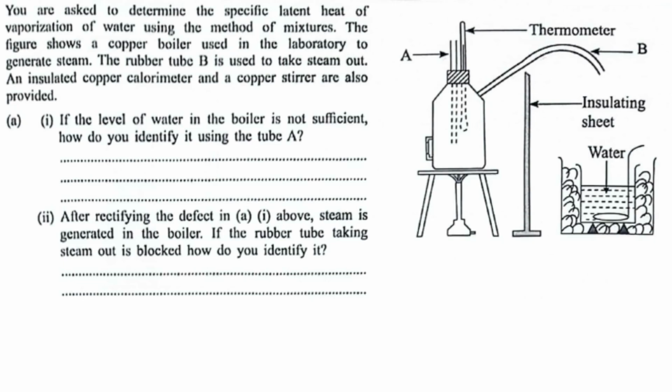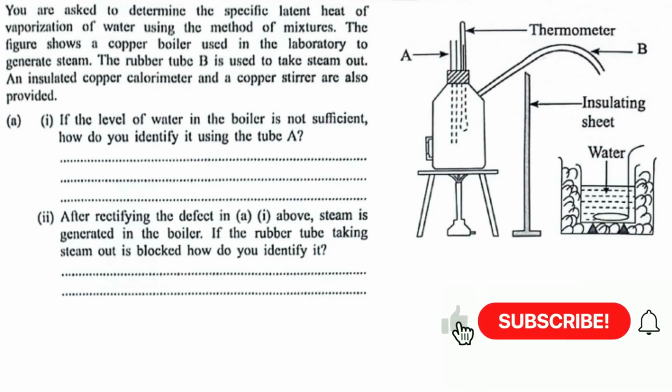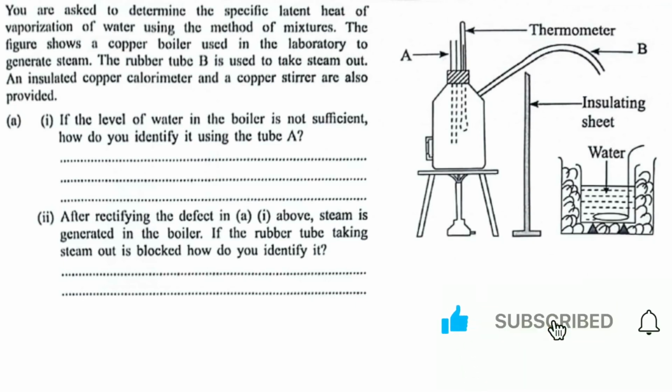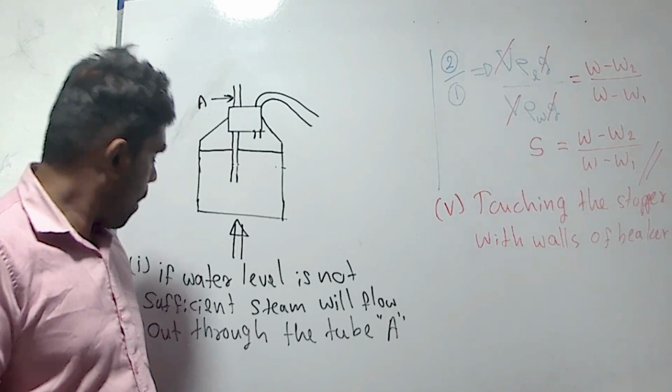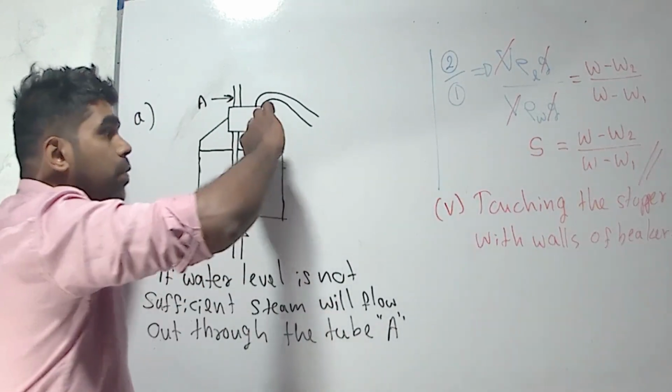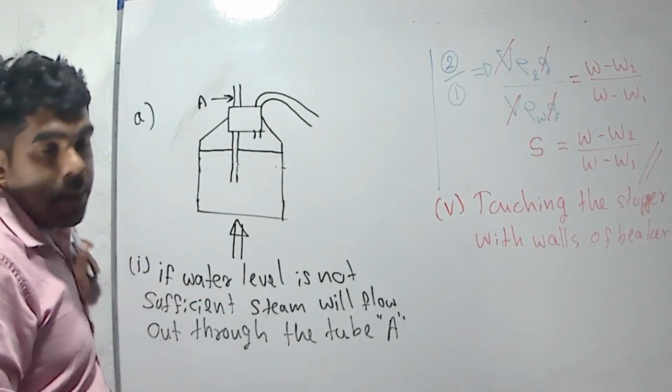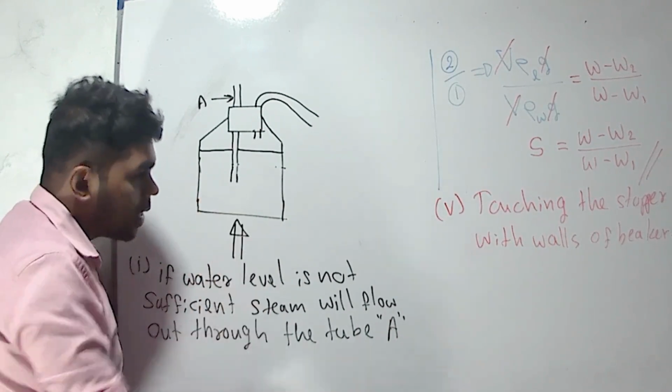In part 2, after rectifying the defect in part A1 above, steam is generated in the boiler. If the rubber tube taking the steam out is blocked, how do you identify it? We can see that hot water is flowing out through the rubber tube when the system is boiling.